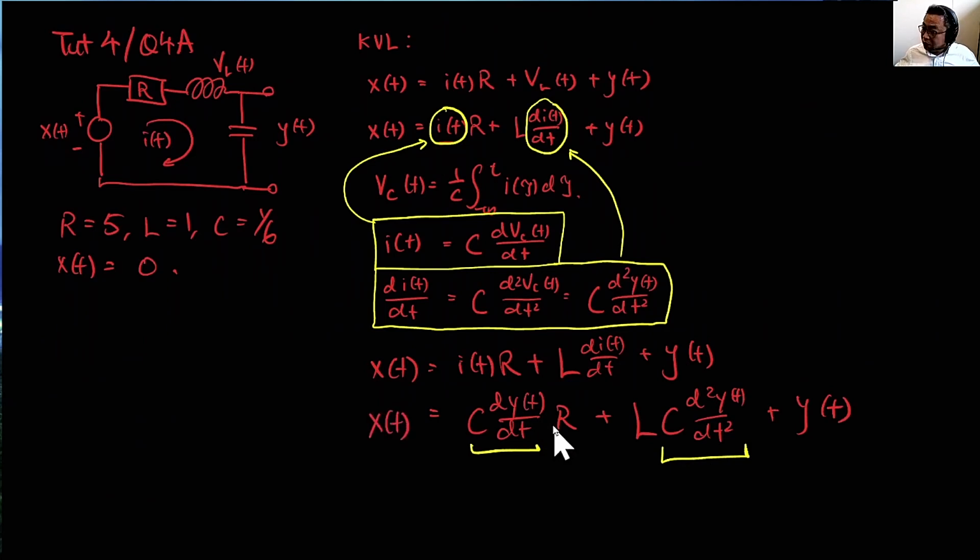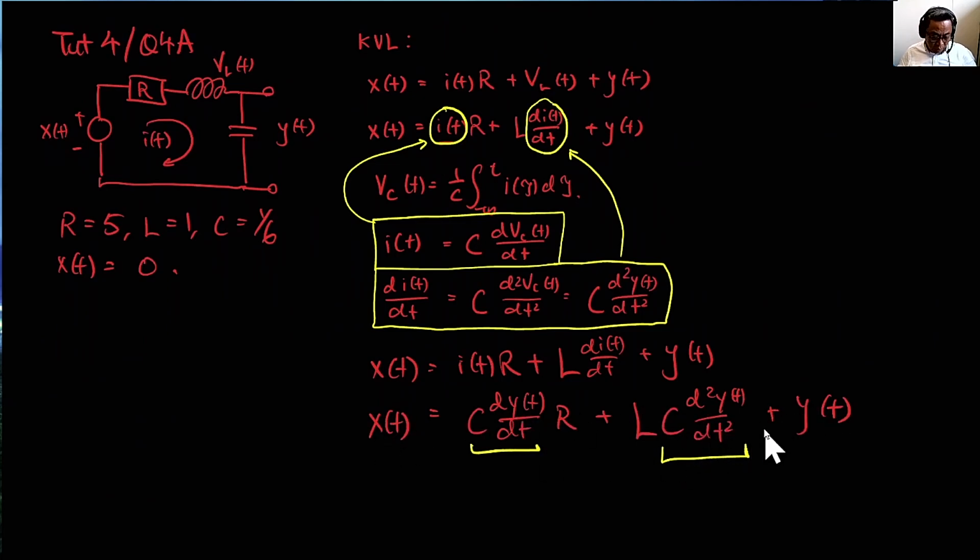So now we have almost represented it in the final form: we have y(t) as well as its first order and second order differentiation with respect to the input.